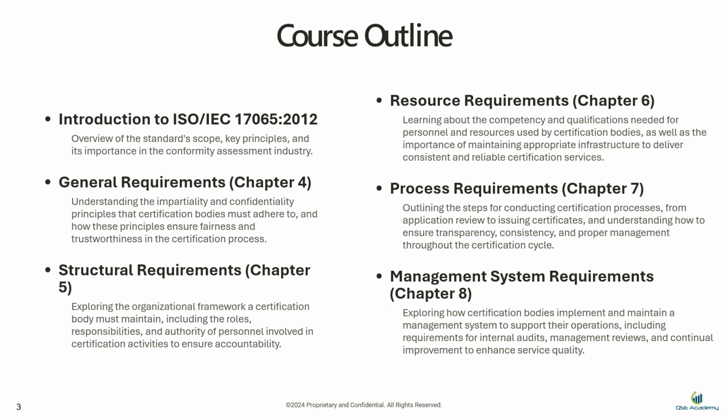The process requirements chapter covers the certification process in detail, from application review to certificate issuance, ensuring transparency and consistency at every stage. Finally, the course concludes with management system requirements, guiding you on how to establish a robust management system that includes internal audits, corrective actions, and continual improvement. By the end of this course, you will be equipped with the knowledge to meet ISO IEC 17065 requirements confidently and effectively.